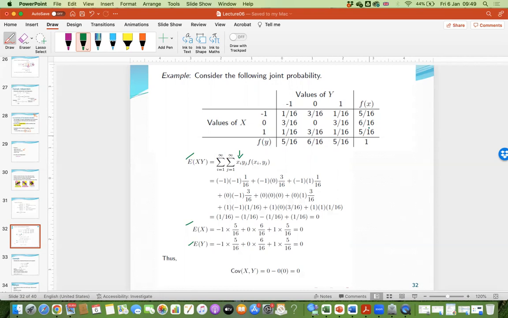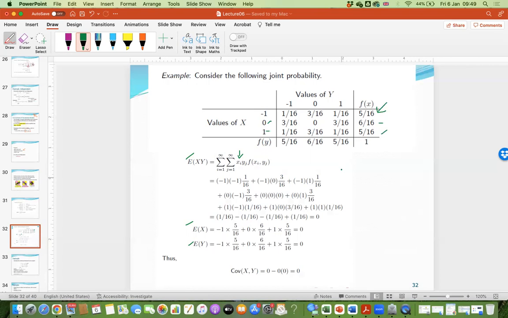I repeat, for the mean of the discrete random variable, -1 times marginal fx, plus 0 times 6 over 16, plus 1 times 5 over 16. So you get your mean value of x, the expected value of x.